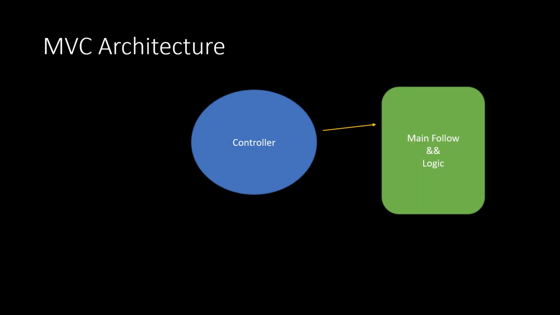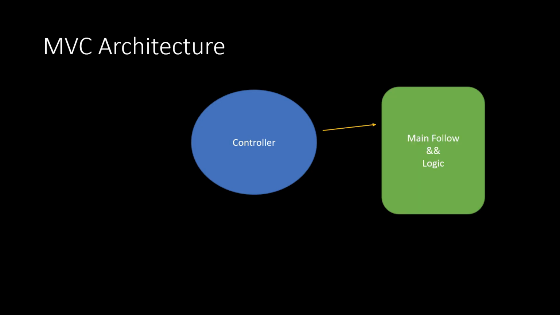Further, you need to understand the MVC architecture, as Laravel is based on MVC architecture. So first we understand how it works. If we talk about the MVC architecture, we have the main controller, and inside our controller we can write our business logic.